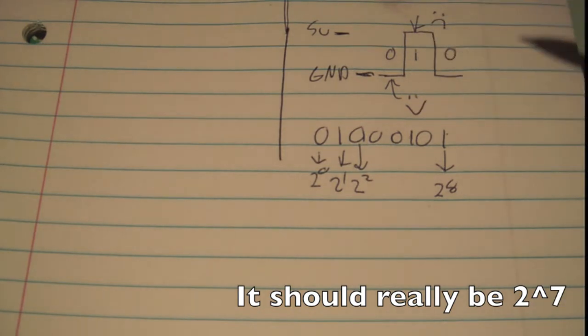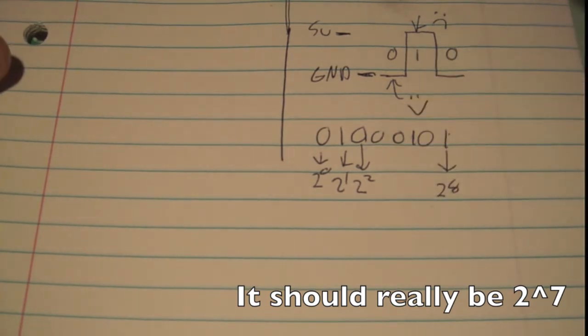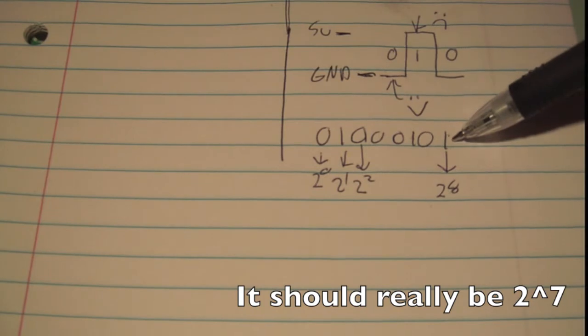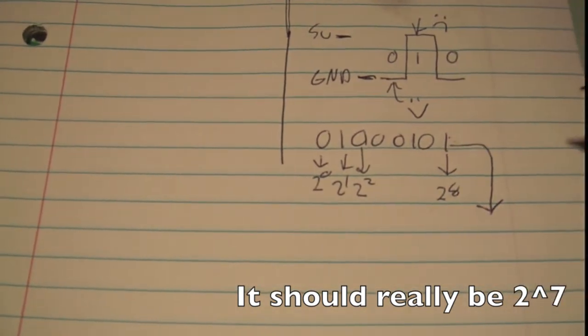And it's often a pain to figure out which one a system is using if you don't know, because they can alternate. So the way binary works really is it takes a string of numbers and converts it into a decimal number.